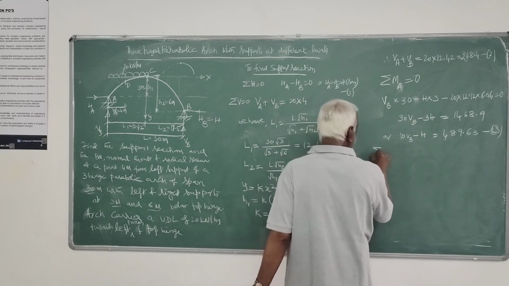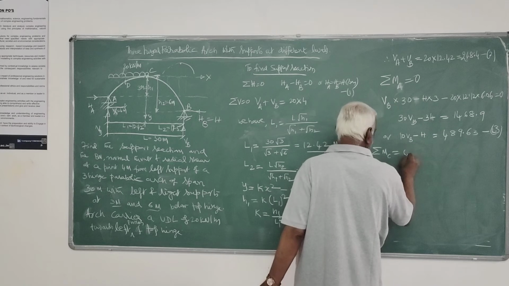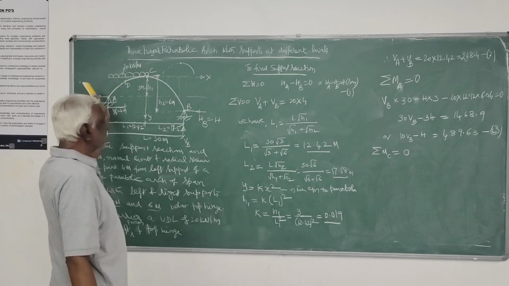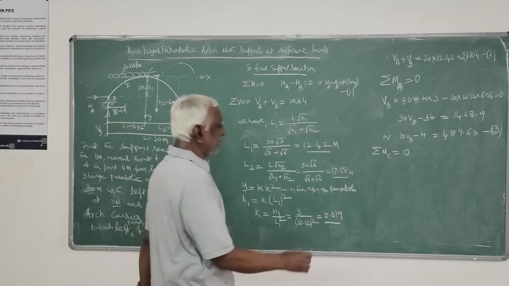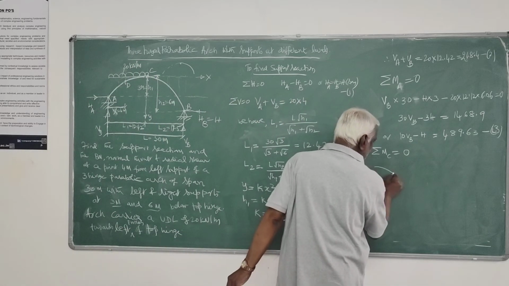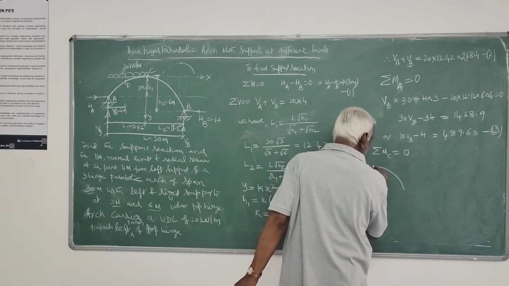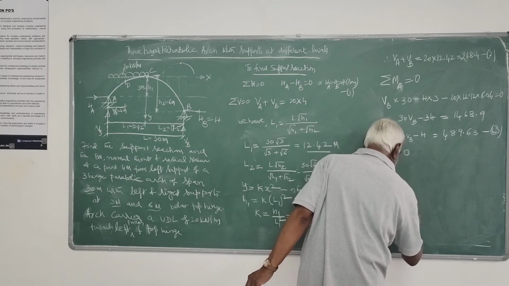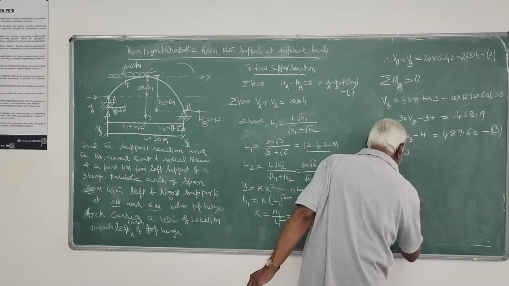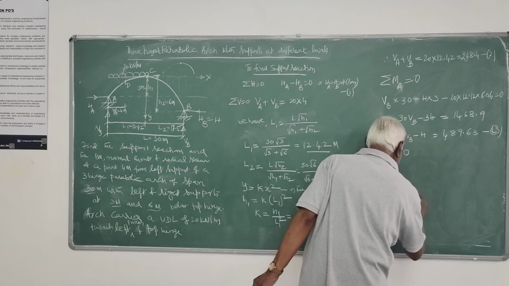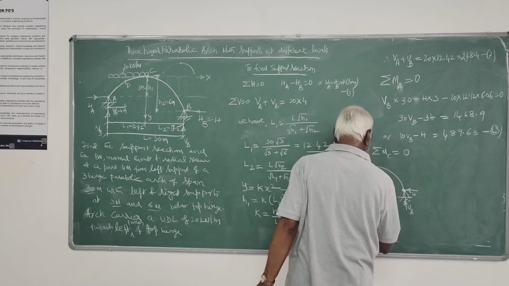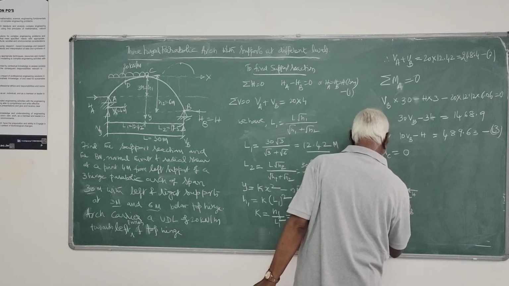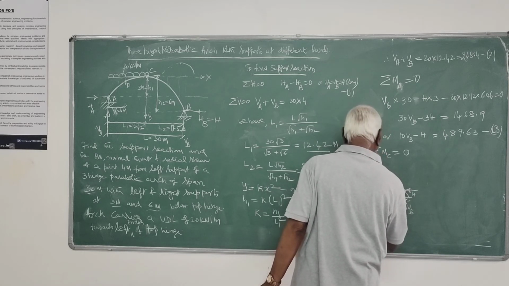Then you can use sigma MC equal to 0 by taking a free body diagram either towards left or right. I will consider towards right, because I will be taking out one UDL. So this is the VB, this is H, this is L2, this is H2, 6 meters.